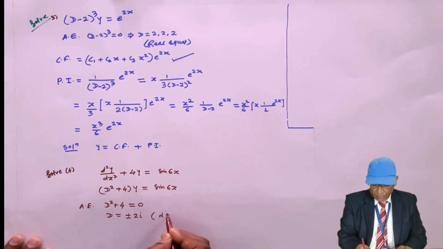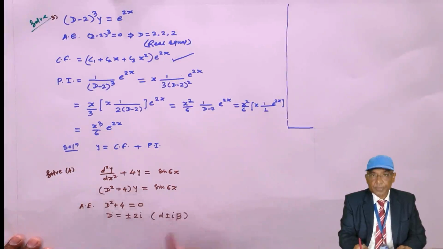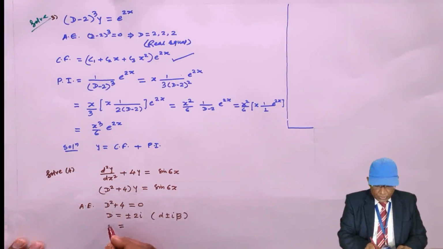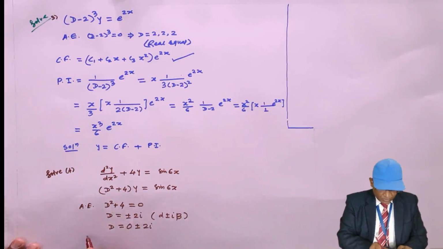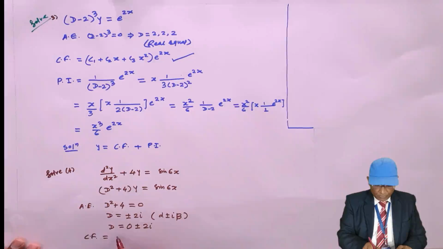This is of the type alpha plus minus i beta. I am writing in the standard form 0 plus minus 2i. The complementary factor by formula is e raised to power 0x, c1 cos 2x plus c2 sin 2x.